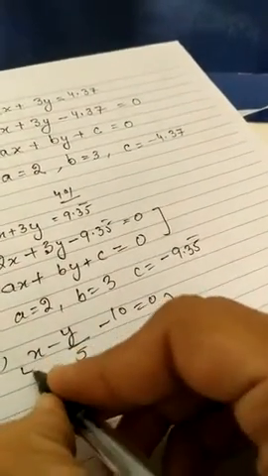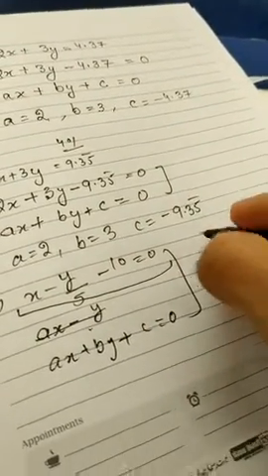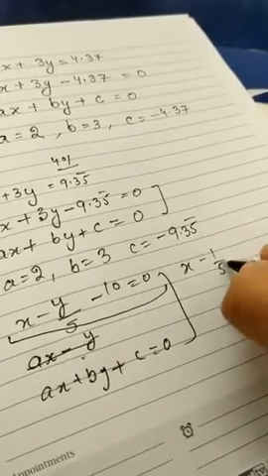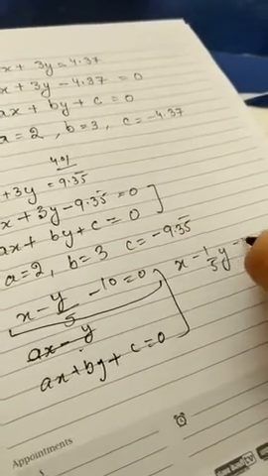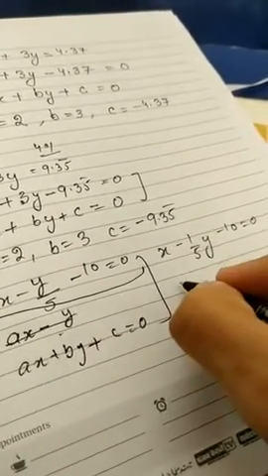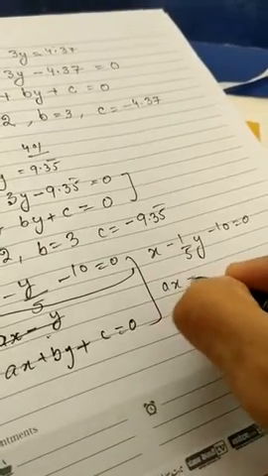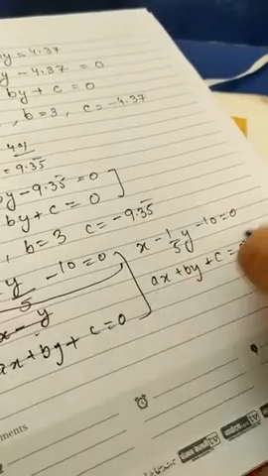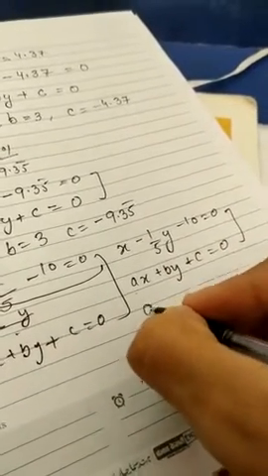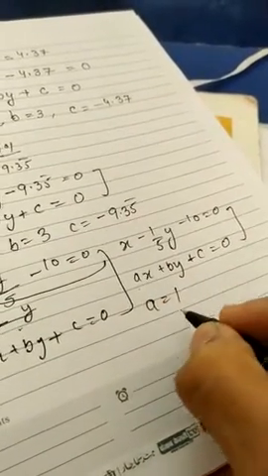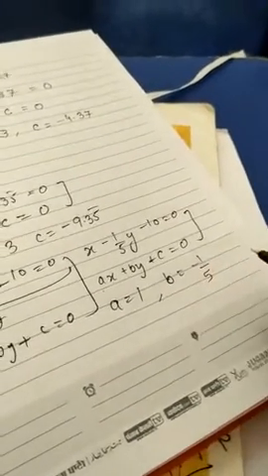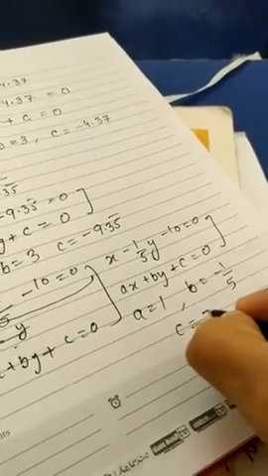If you want to write this in simple form, x minus 1 upon 5 y minus 10 is equal to 0. Now compare with ax plus by plus c is equal to 0. From these two equations we get a is equal to 1, b is equal to minus 1 by 5 and c is equal to minus 10.